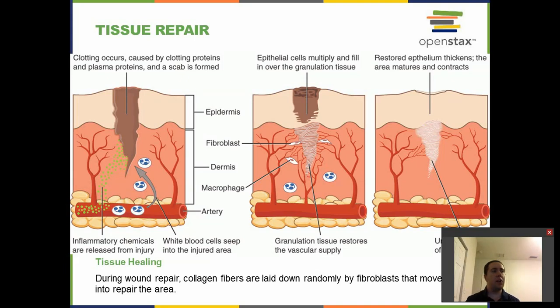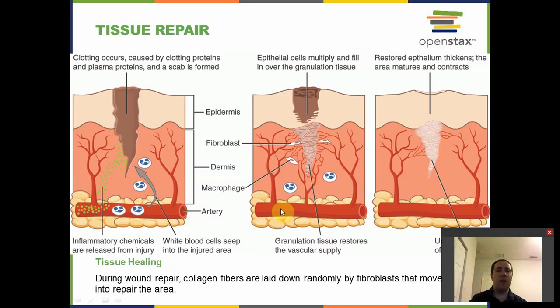It may actually hurt more to get a paper cut than to actually get cut, because the part of those nerve endings that are sensitive to pain are primarily the tips of them, which are up in the epidermis. If you get a paper cut in the epidermis, you're cutting the most sensitive part of that nerve. If you get a deeper cut, you're cutting the less sensitive inner part of those nerves.